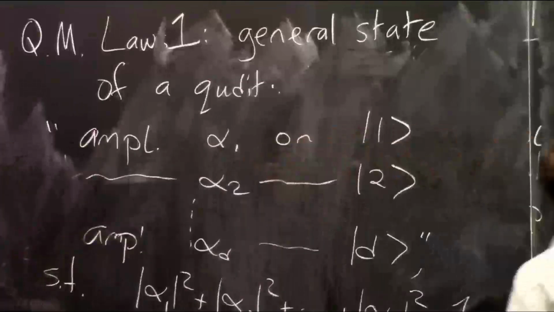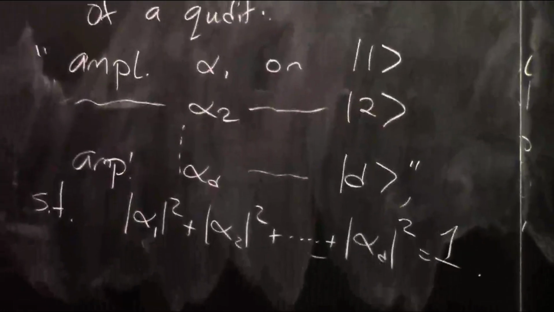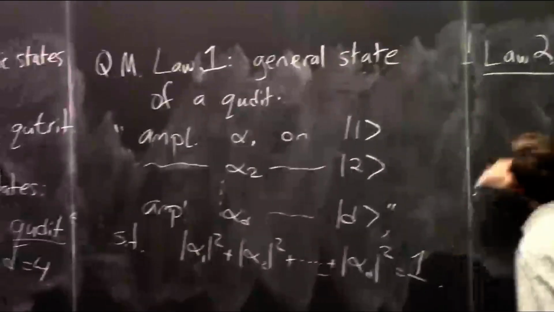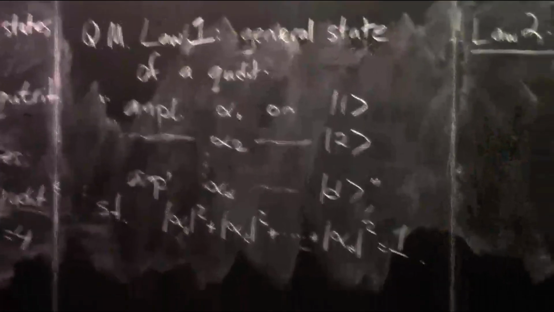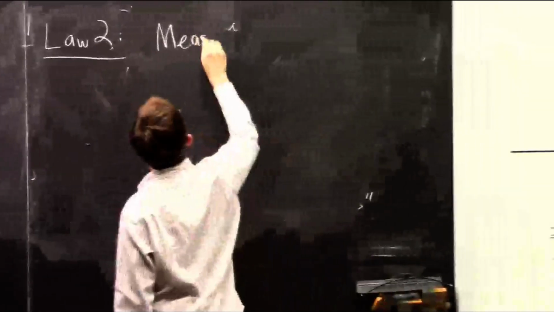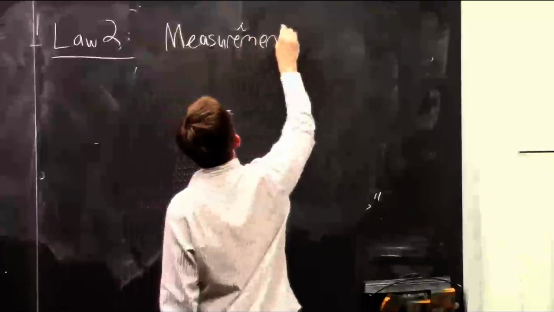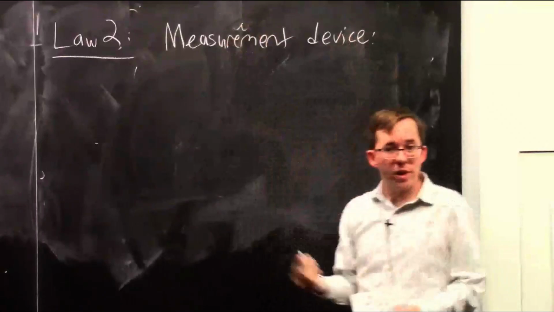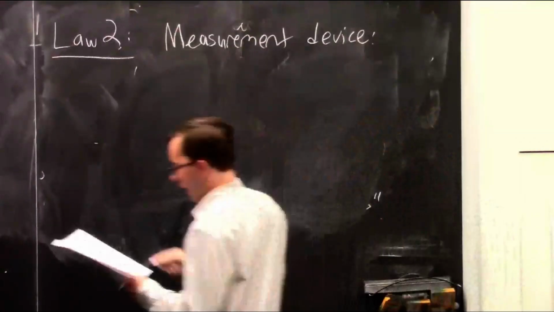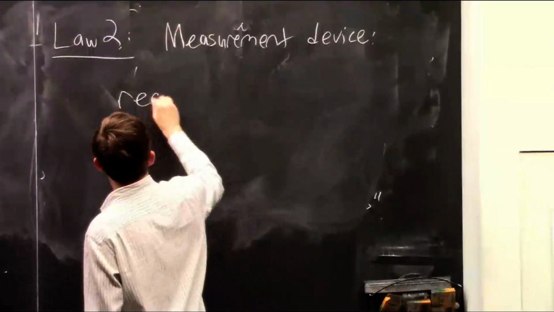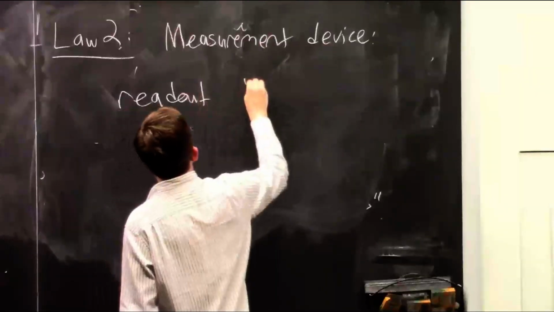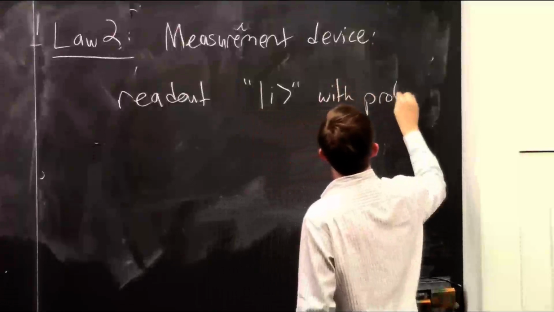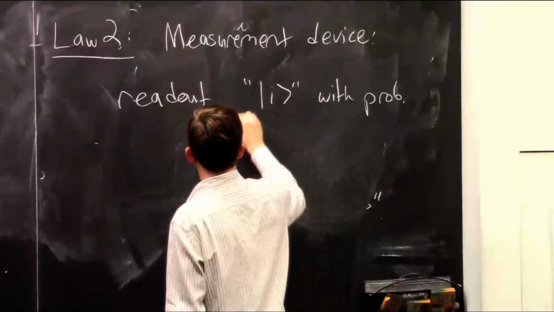And quantum mechanics law 2 also extends in a very natural way. If you have a measuring device for these basic states, then it'll have d different possible things it can read out on its screen. It'll read out, quote unquote, i with probability magnitude of alpha i squared.